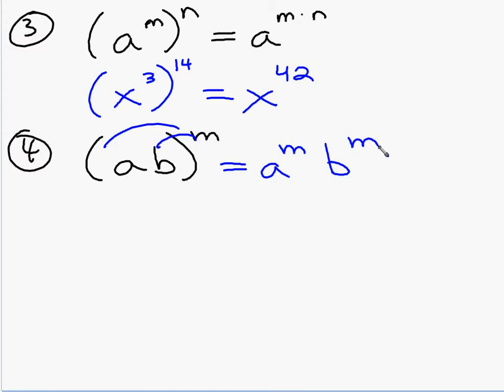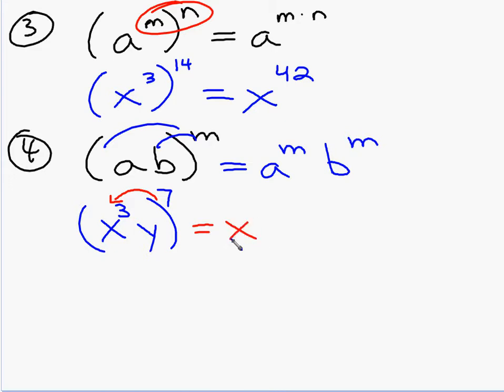So what if I had x to the third y, the whole thing to the 7th power? Well, when you distribute this to this 3, I have to use this property up here. So this will become x to the 21st. You have to multiply the 3 times the 7, and then it's y to the 7th. All right?